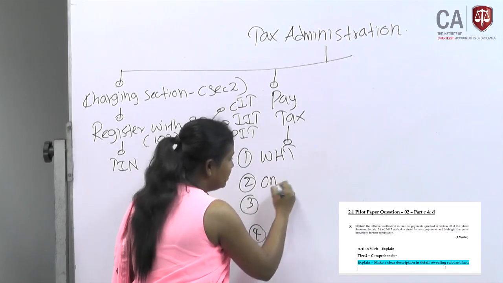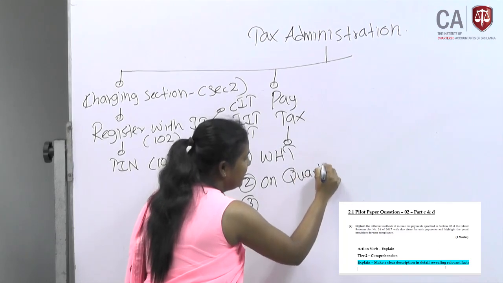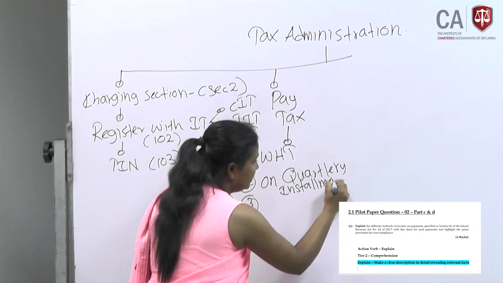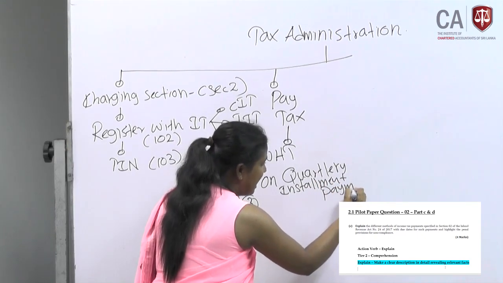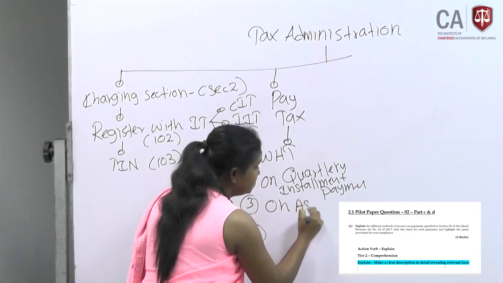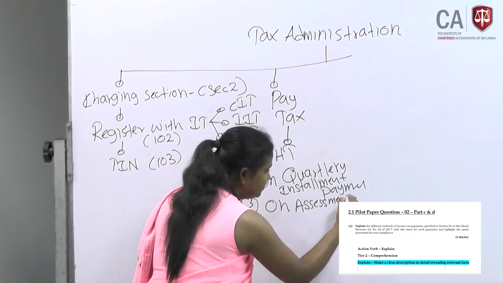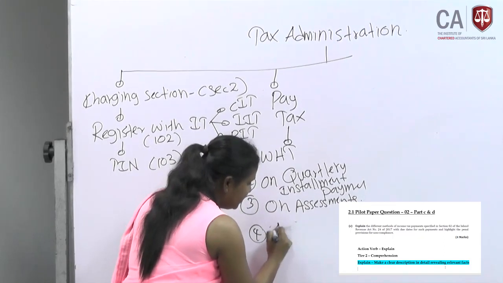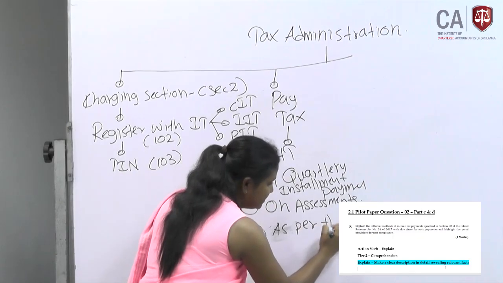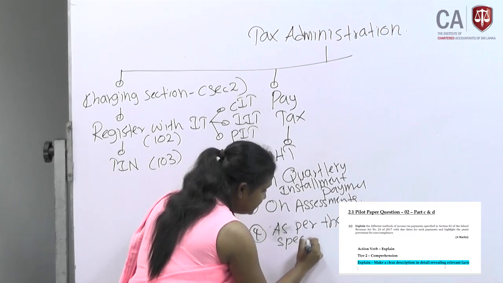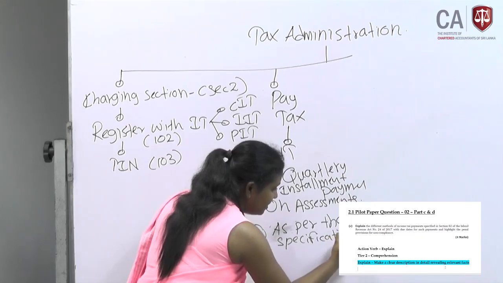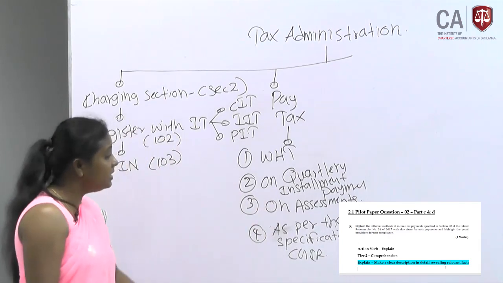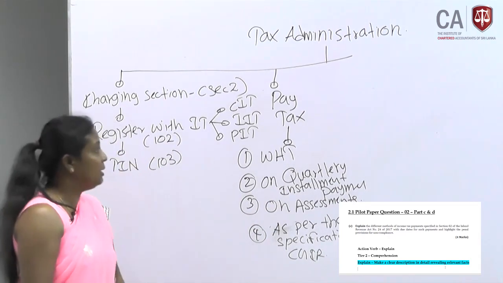Second one is quarterly installment payments. Third one is on assessments. And fourth one is dates as per the specification by CGIR. These are the 4 methods.